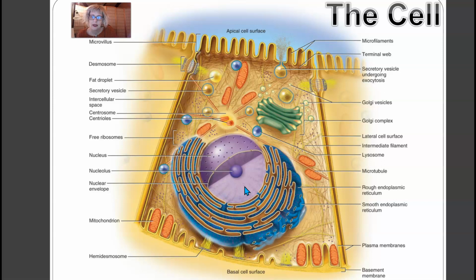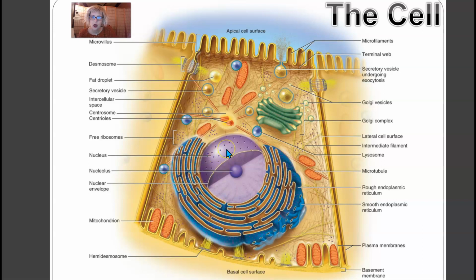The chromatin is a combination of the DNA folded up in what are called histone proteins.